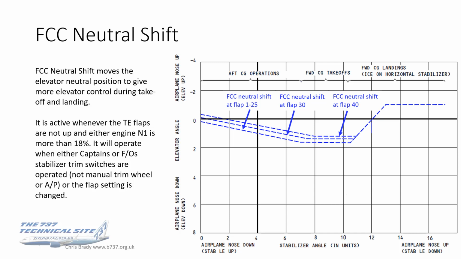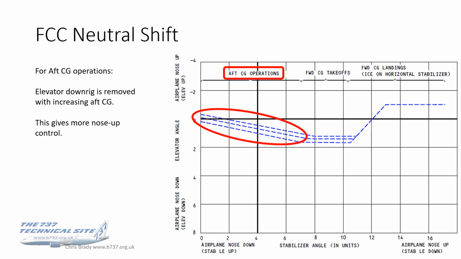Right, the graph there, the movement of FCC neutral shift looks a little bit complicated, so I'll take you through it in stages. Let's break this down. First of all, for aft CG operations, elevator downrig is gradually removed with increasing aft CG, and this is to give you more nose-up control.